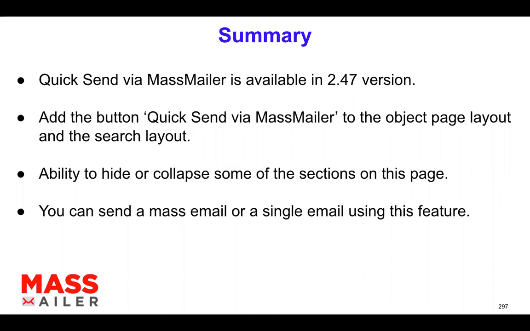You just have to do that in the MassMailer setup UI settings. If you have an admin, a Salesforce admin or MassMailer admin, you can have that admin do this for you. Of course, whether it is single or multiple records, you will be able to use this feature. Okay, that's the overall summary.